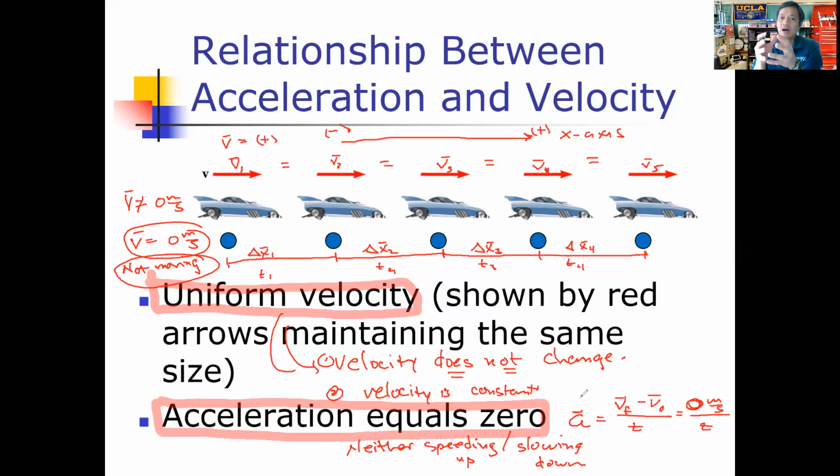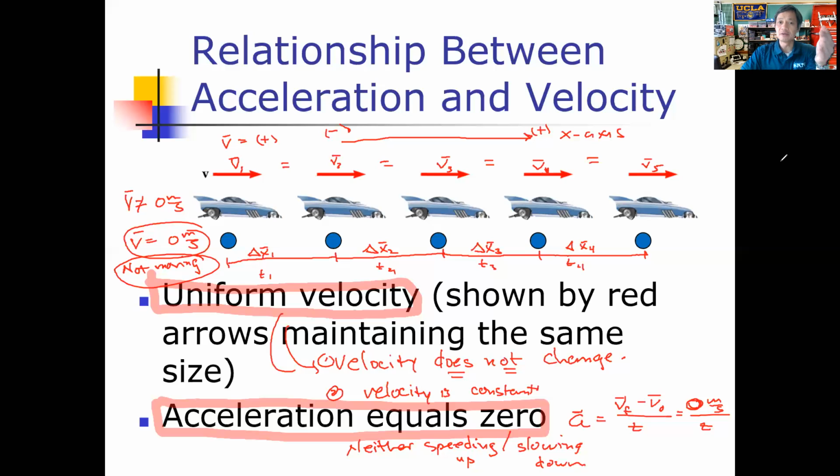However, if an object is moving, but its speed does not change, it's moving at a constant velocity, it has a velocity at that point, but its acceleration is 0. Make sure you keep that in mind as we work out these problems, because tomorrow we're going to talk about what happens when the velocity does change.